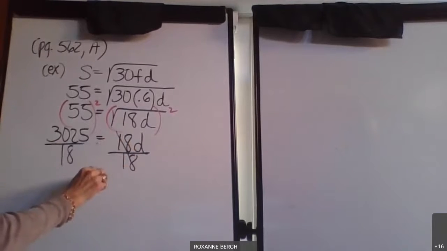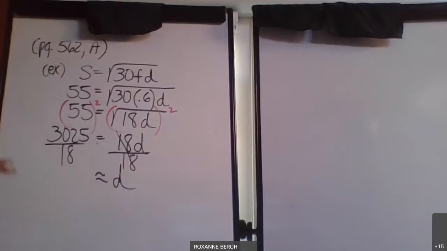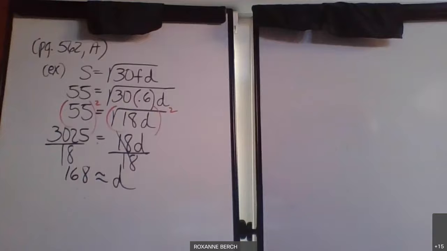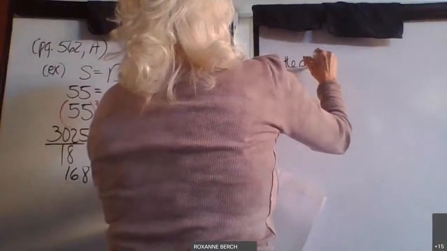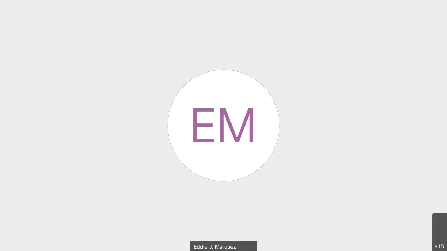What is 3025 divided by 18? It's 168.0 and then repeating fives. Yeah, 168 is good enough. And what does this tell you? That the skid marks, if he was going 55 miles per hour, would be 168 feet.